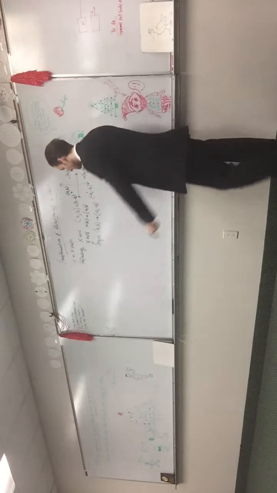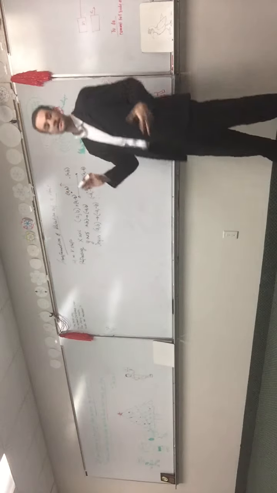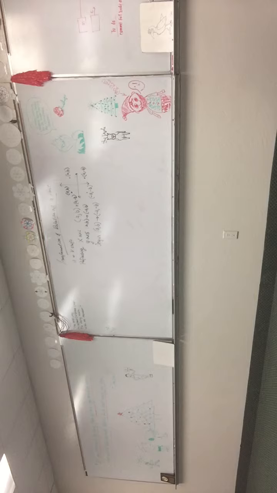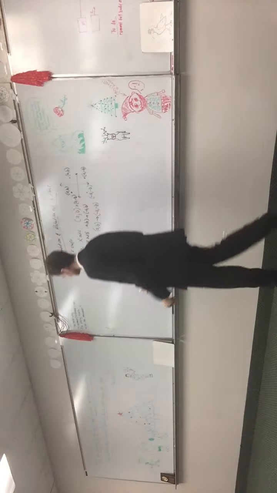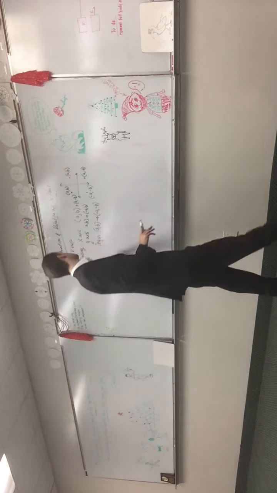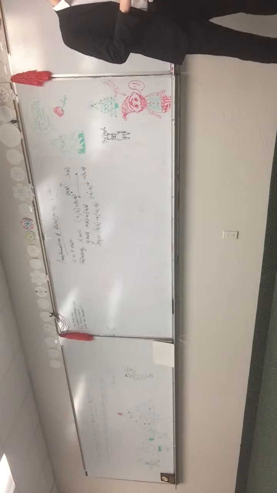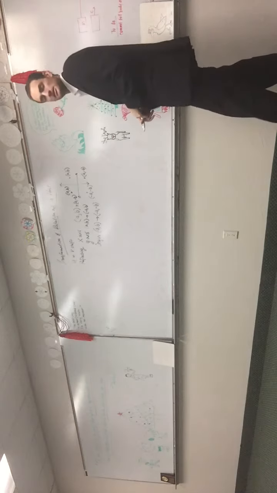Now, if I started with a negative point, they would both end up positive. So it's not necessarily that they end up negative, they just become the opposite sign. Everyone got this? Pretty good? Okay, so that's reflection.